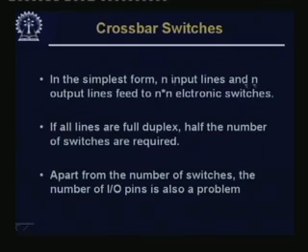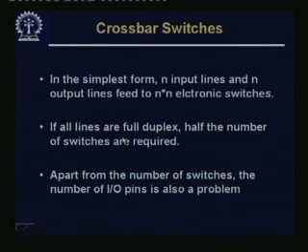Another point about the crossbar switch is that in its simplest form, n input lines and n output lines, we need n square electronic switches. If all lines are full duplex, that means all lines allow communication in both directions, then we require only half the number of switches. First of all, we do not require the diagonal switches, since I do not want to talk to myself.